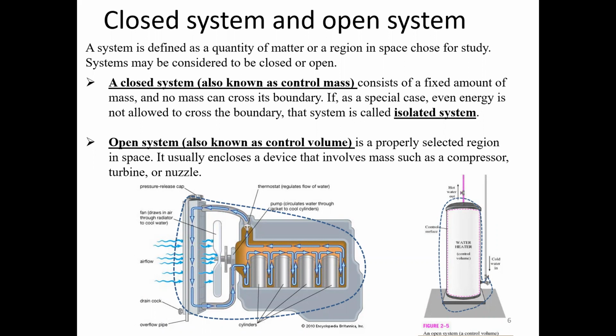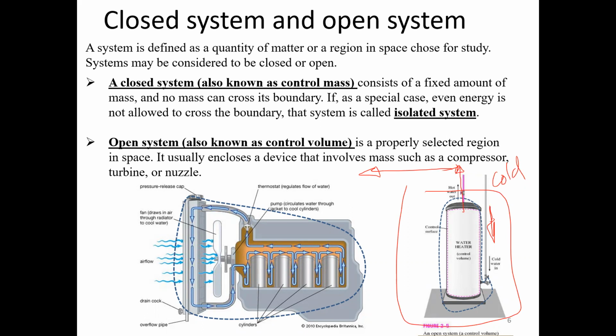So for example, if you look at this system here, this is a hot water tank. There is cold water coming from this side, from the main, and then it leaves the tank once it gets heated, to the household, for example.